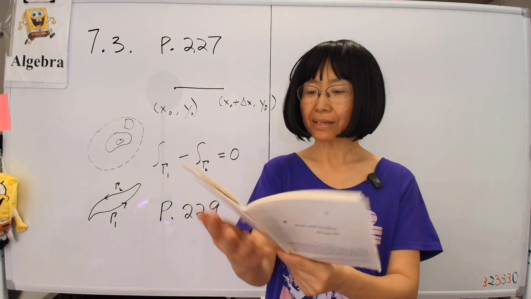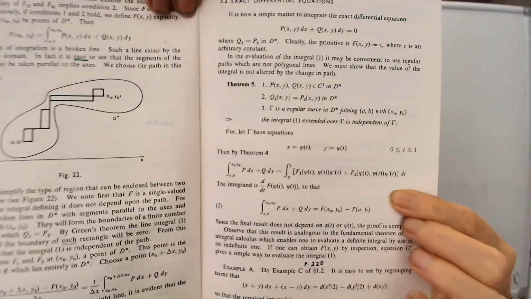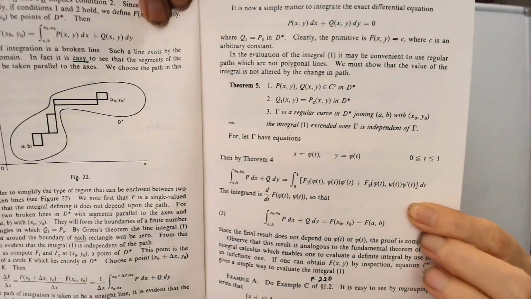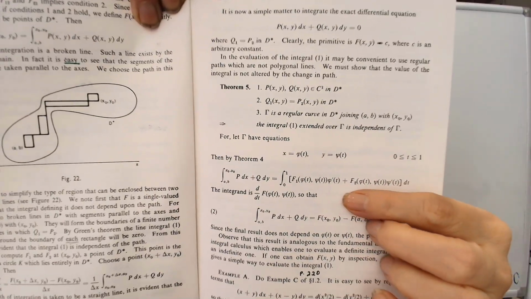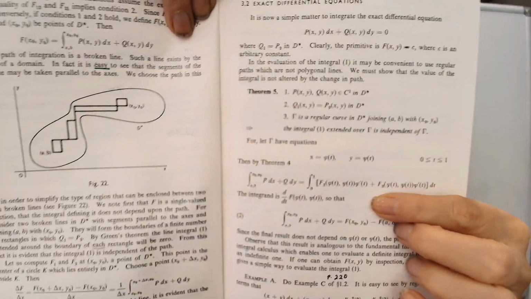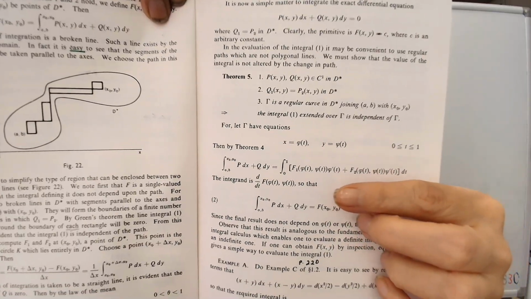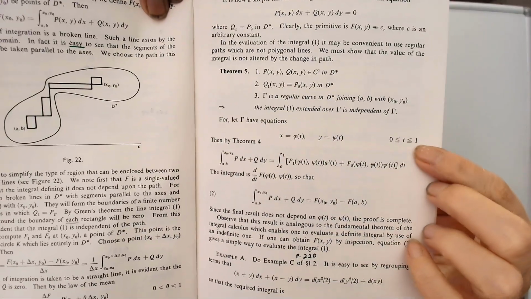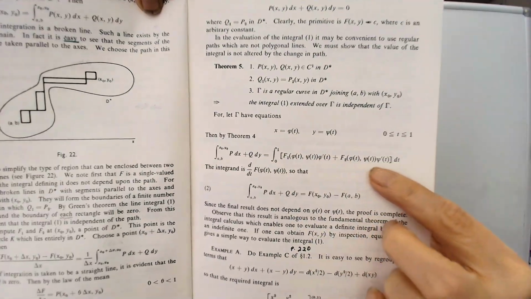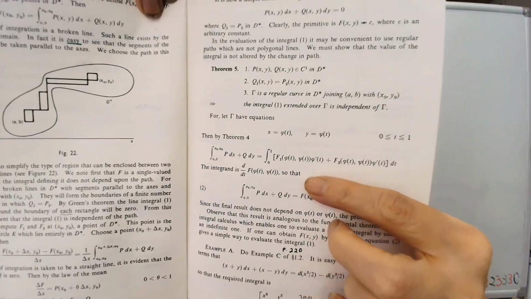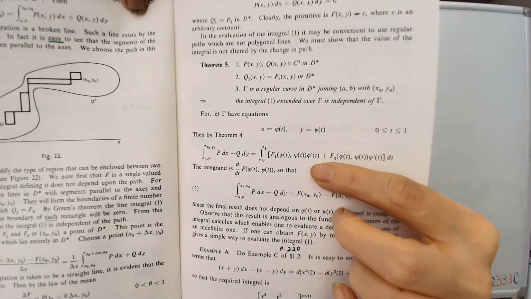This is based on the definition over here. We replace x with phi of t and y with psi of t in the definition. Now the integration goes from t equals 0 to 1. And what is the whole thing inside? That happens to be exactly d by dt of f, with phi and psi inside.